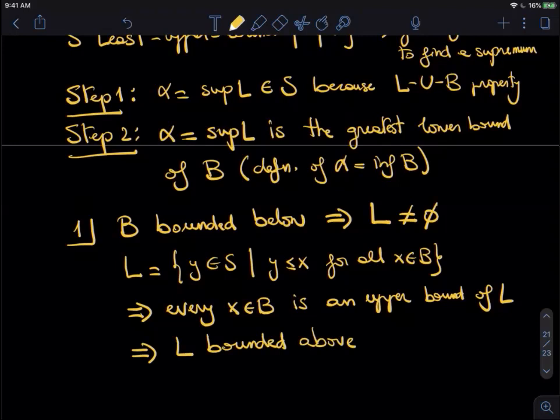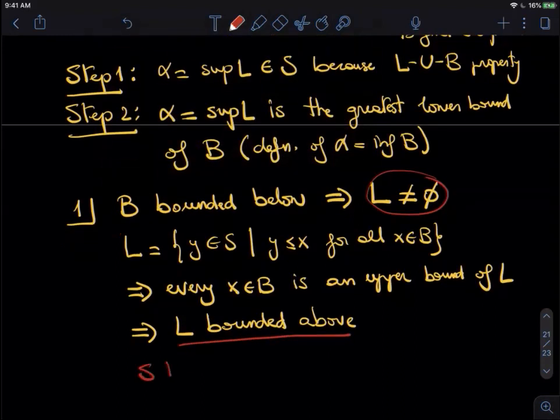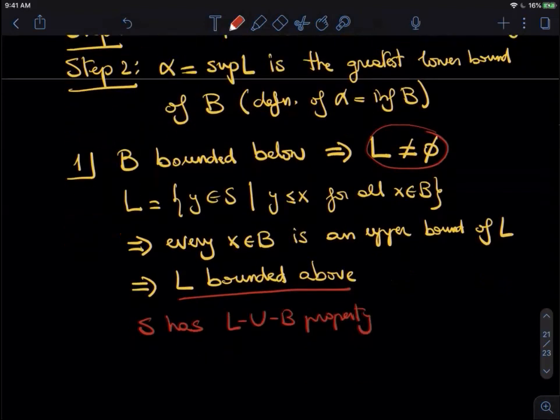And we are set. So look here, we have L that is non-empty, bounded above, and we have that S has the least upper bound property. So these three mean that there is a supremum of L in S.